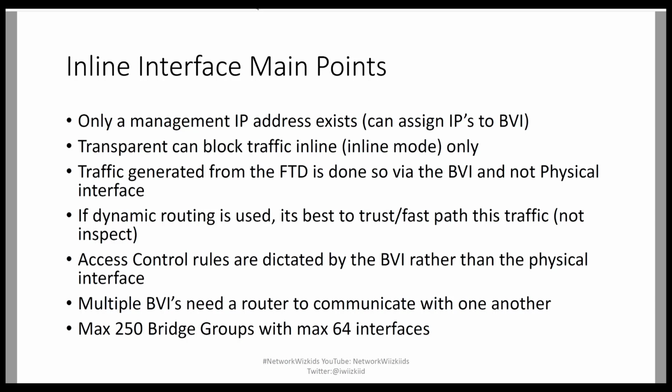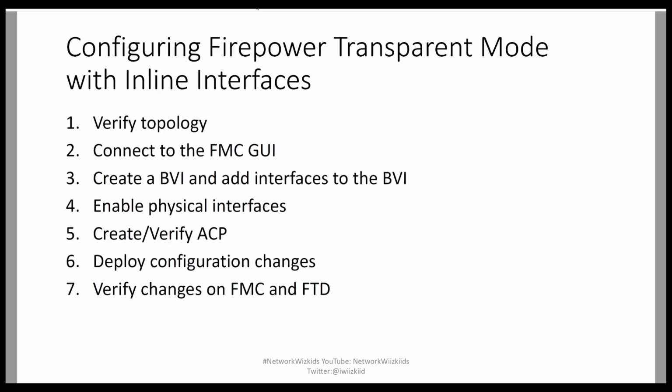And last of all, you can have a maximum of 250 bridge groups, and within those BVIs you can have a total of 64 interfaces. So it's pretty straightforward how we configure the interfaces.